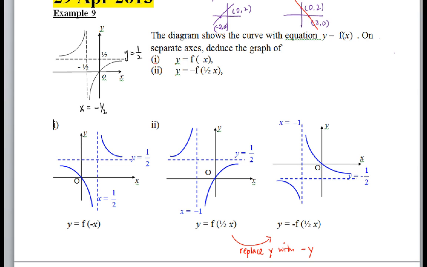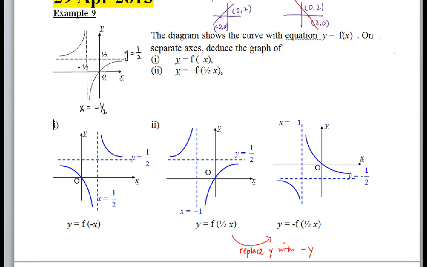Can? In very layman language, top becomes bottom, bottom becomes top. Alright. Just reflection. Follow? Top becomes bottom, bottom becomes top. Good. All okay?